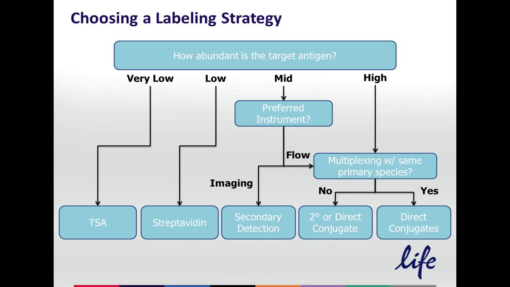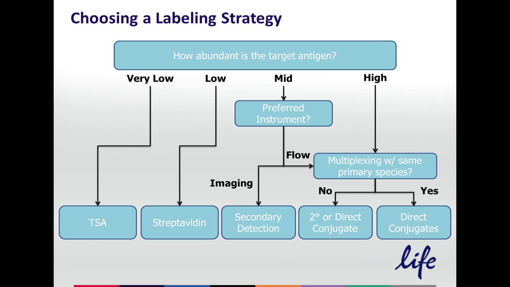And if you're doing imaging, microscopy, right, you'll choose a standard secondary. If it's a very high expressing target, you can go on and potentially use a direct conjugate. If you're doing flow cytometry, which is much more sensitive, you have more choices, right? Often a direct labeled primary is fine, although secondary detection works very well too.